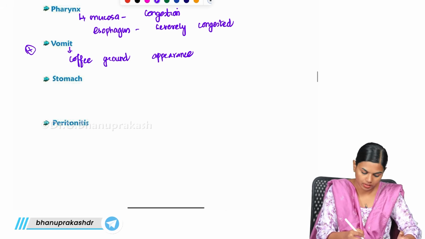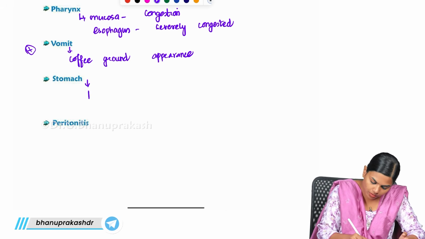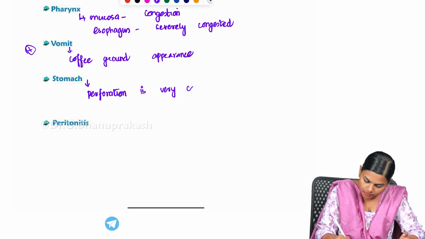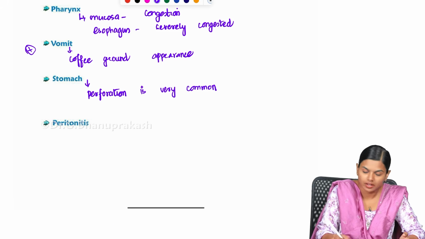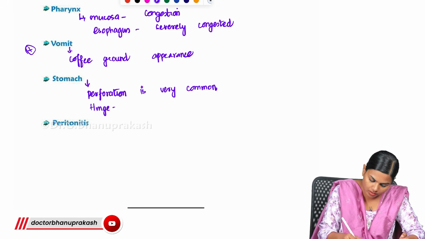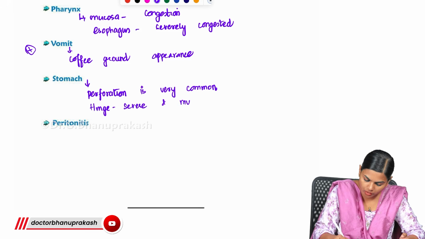Next, in the stomach, perforation is most common. Perforation is very common, and you can get severe hemorrhage and mucosal congestion.